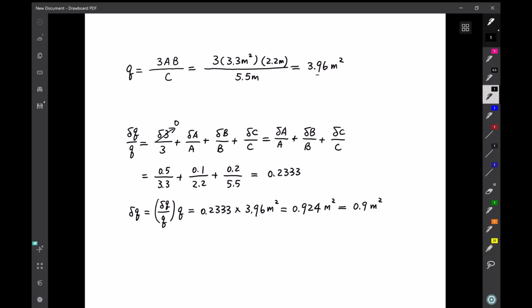So in your answer, you would say Q equals, rounded to one decimal place, 4.0 plus minus 0.9 meters squared. If you like, you can put the percentage uncertainty in. That's plus minus 23%. So this is the answer for this example.